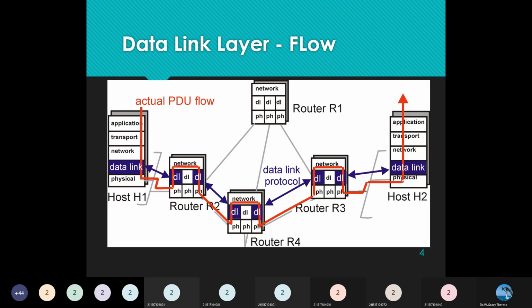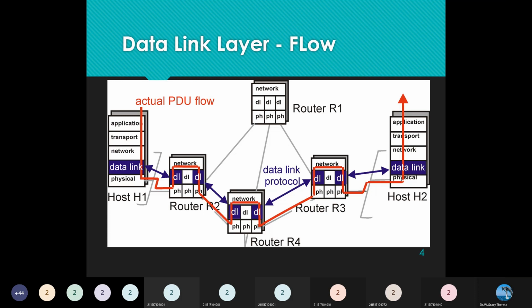Only the three layers are involved in the data transmission at the intermediate nodes, but the host nodes H1 and H2 deal with all five layers.